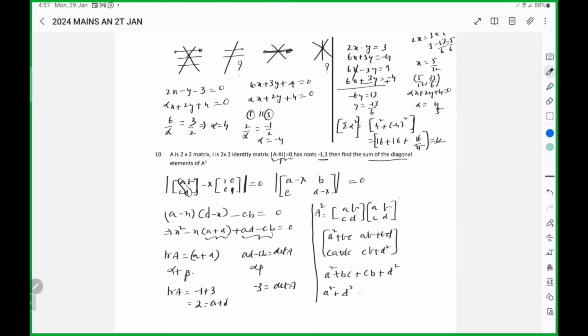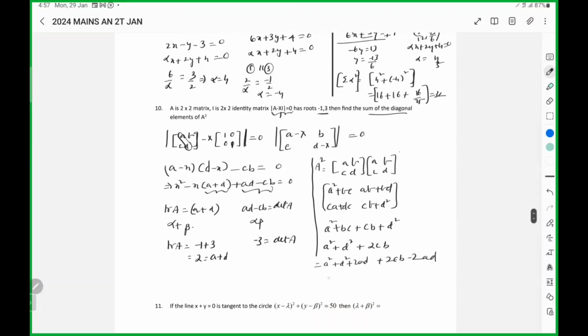D square plus 2CB, which I will write plus 2AD. This is A plus D whole square, which is 4, minus 2 times AD minus BC. AD minus BC is minus 3, 6 plus 4. We get 10.